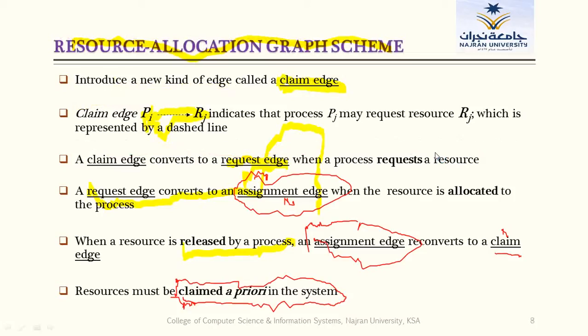In the resource allocation graph we have seen there will be a claim edge, and this claim edge will be converted into the request edge, and then the request edge will be converted into the assignment edge. When that process finishes its work, this assignment edge will be converted back into the claim edge.